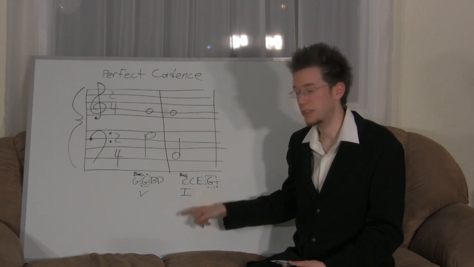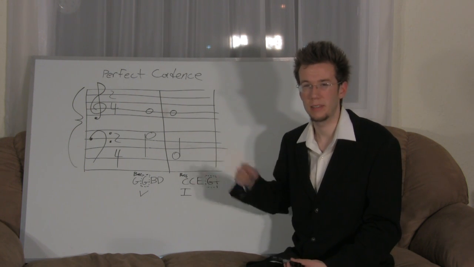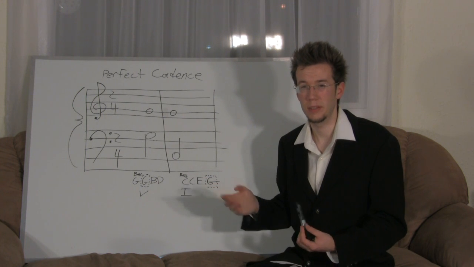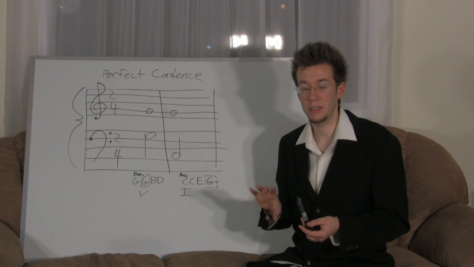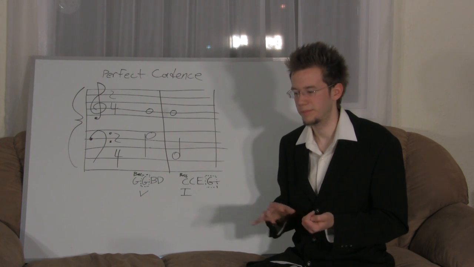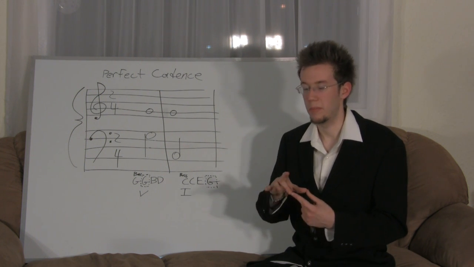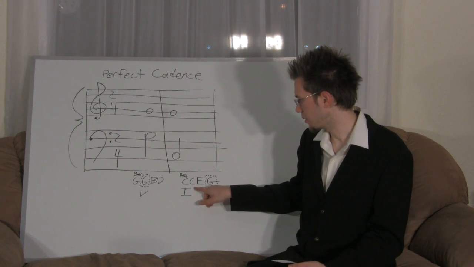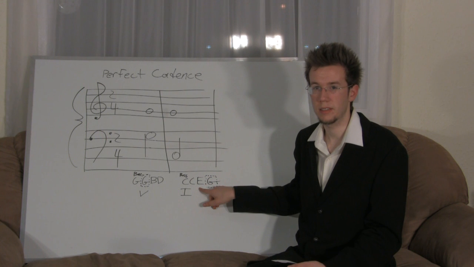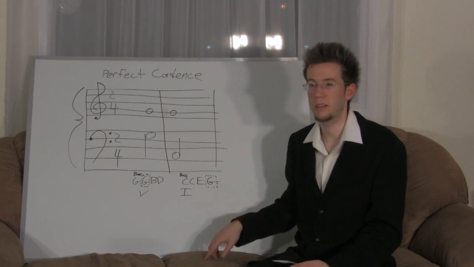Now you're going to build your chord on top of that. In previous lessons we talked about building chords, but just to recap, a major chord is going to be a major third and then a minor third above that. From C to E is a major third, and E to G is a minor third.